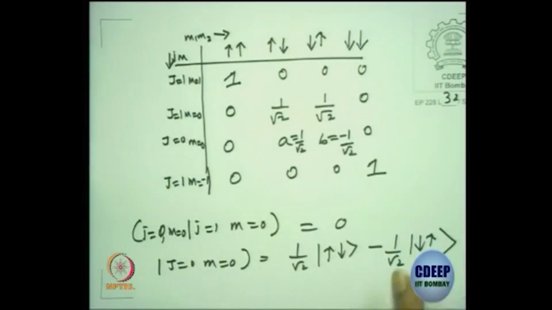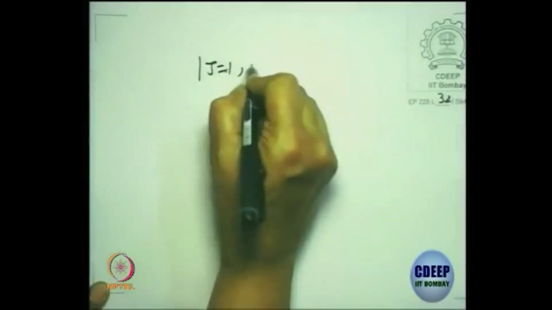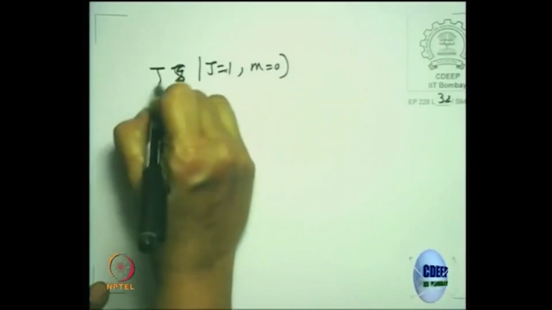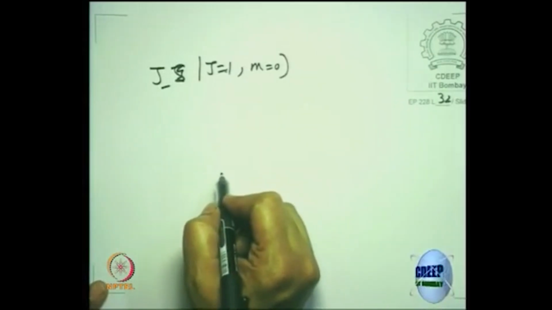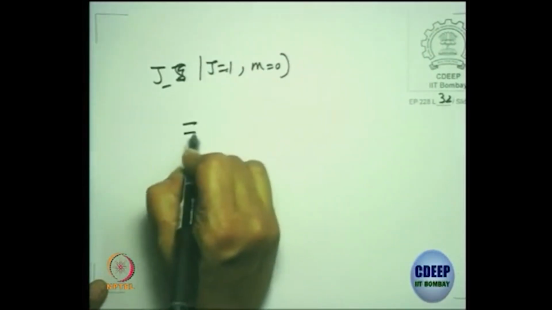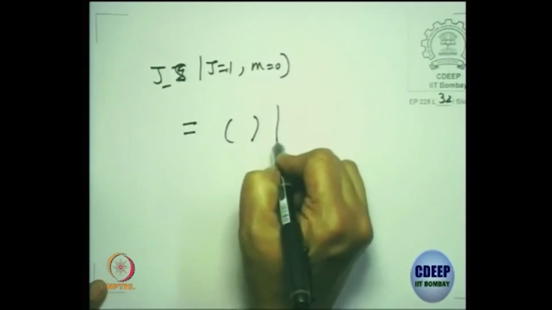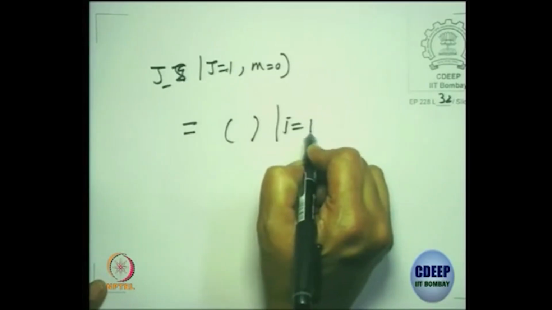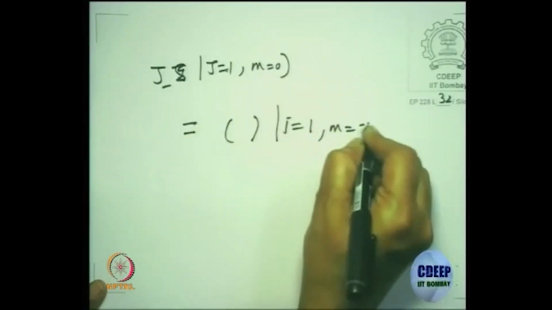But you can also do it independently, just to make sure that whichever way you do it, it should not give a wrong result. So you take j equal to 1, m equal to 0 and operate your S minus or J minus operator. What will that give you? Some coefficient. J will not change. What will change? M will become minus 1.